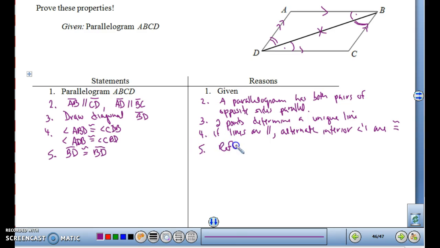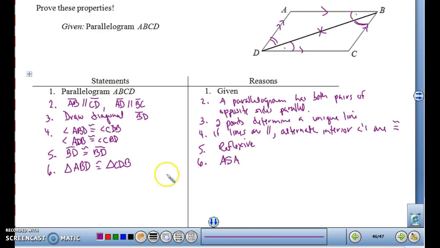And why are those triangles now congruent? Well, let's see. We proved two angles and the side between them. The triangles are congruent by angle side angle. So triangle ABD is congruent to, remember your correspondence, if I said ABD, I would say CDB. And we proved it by angle side angle.